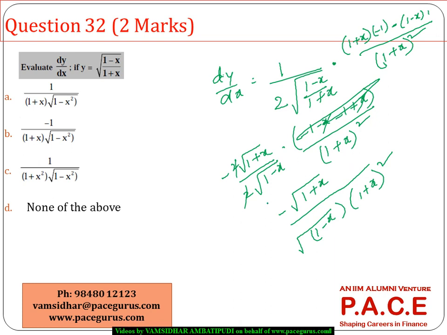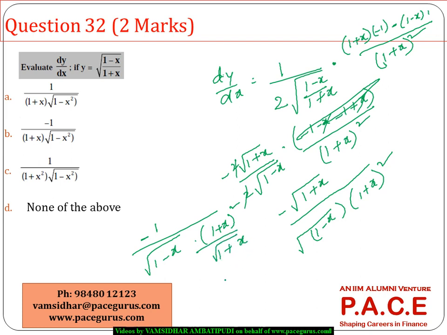Or I'll take the numerator to the denominator itself. So I can say minus 1 by square root of (1 minus x) into (1 plus x) whole squared by square root of (1 plus x).